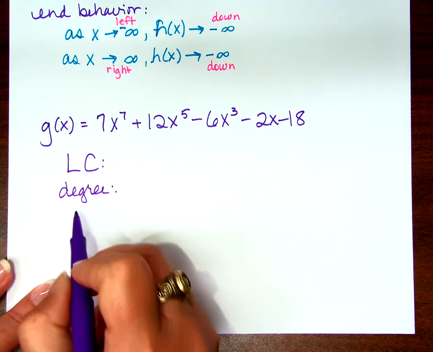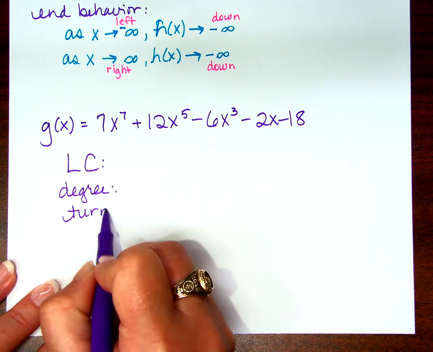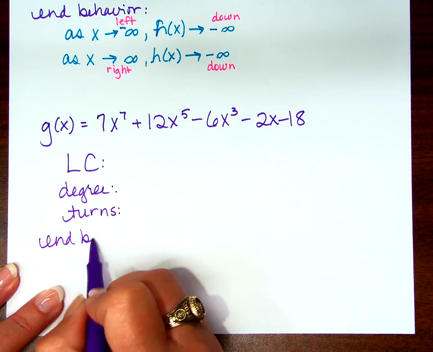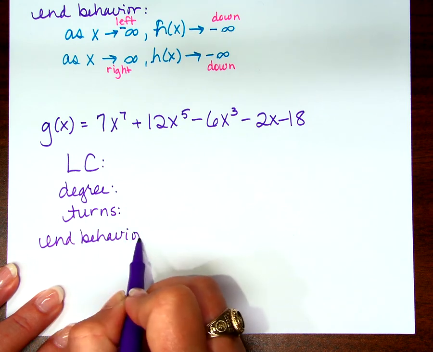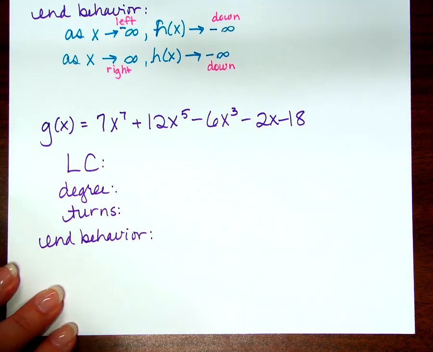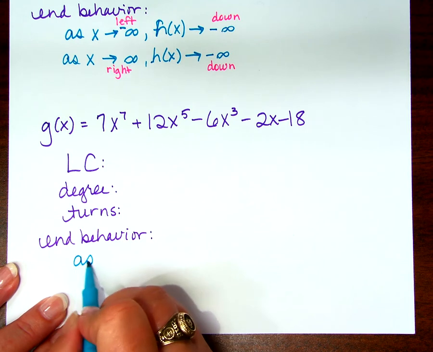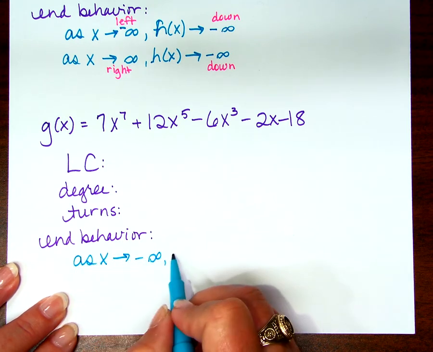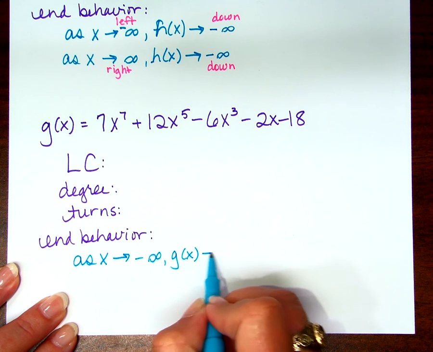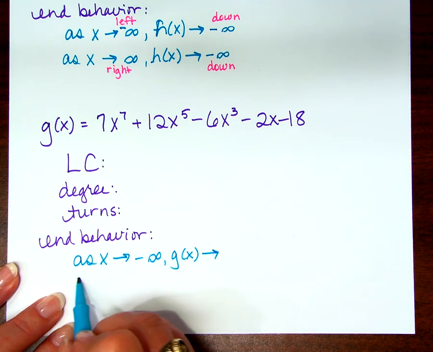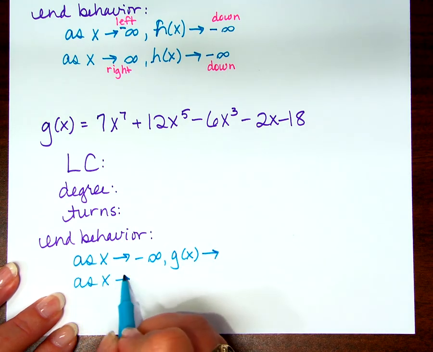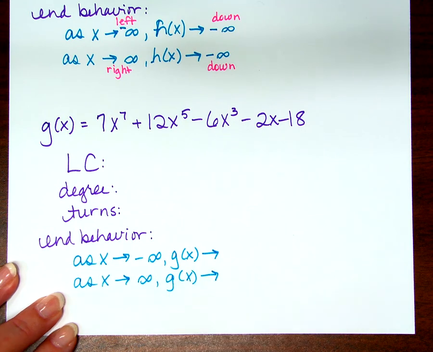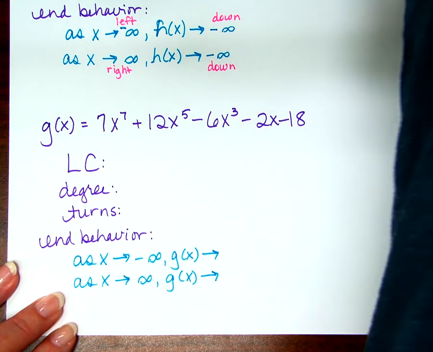Our leading coefficient, our degree, our terms, and our end behavior. I can even write down this part too, right? As x goes to negative infinity, g of x goes to, and as x goes to positive infinity, g of x goes to. I can write all that stuff down.